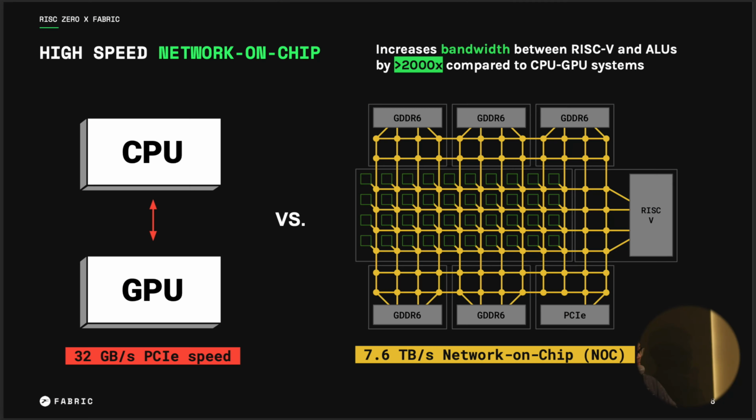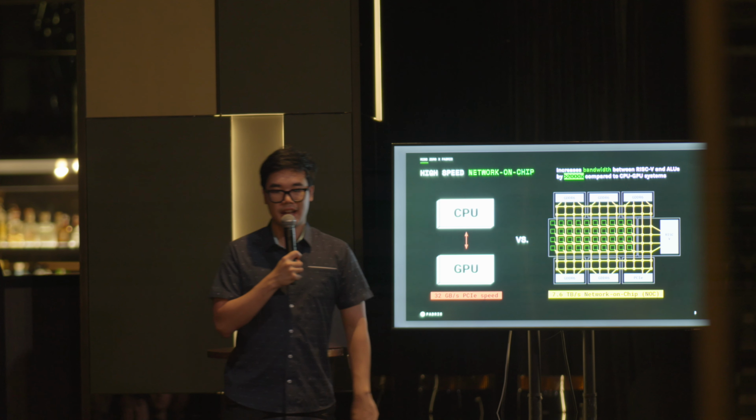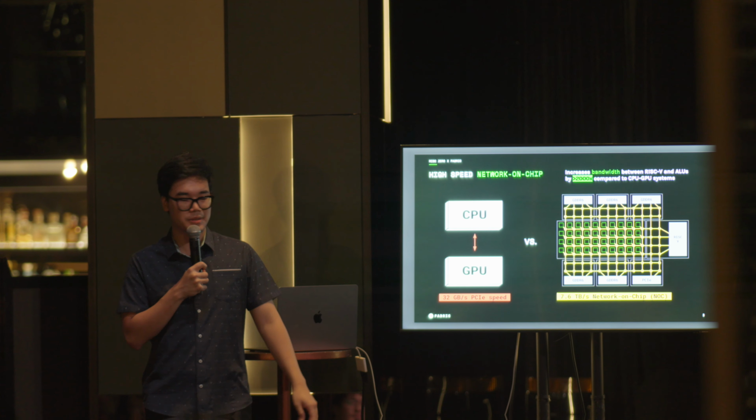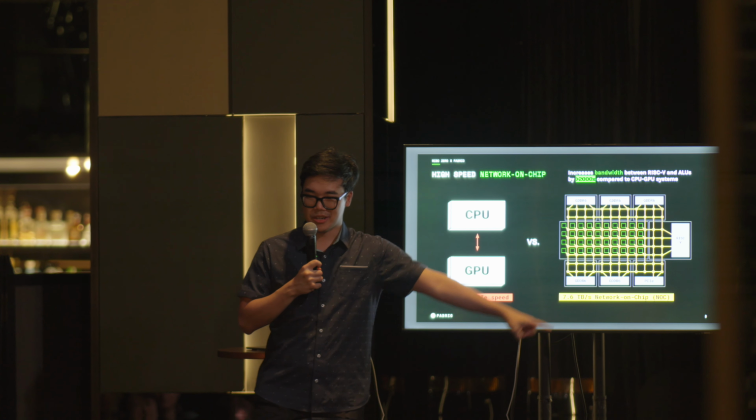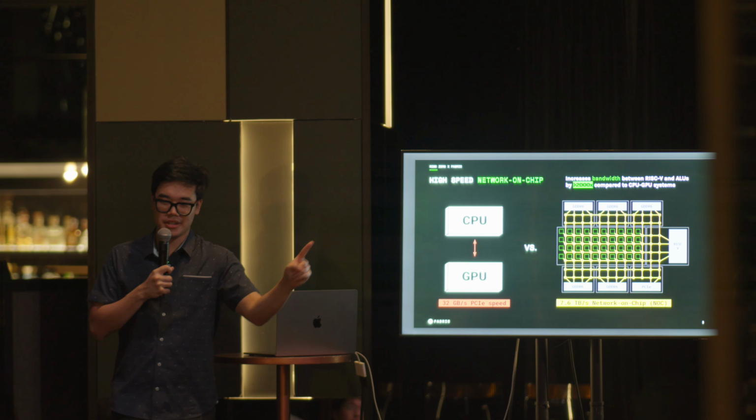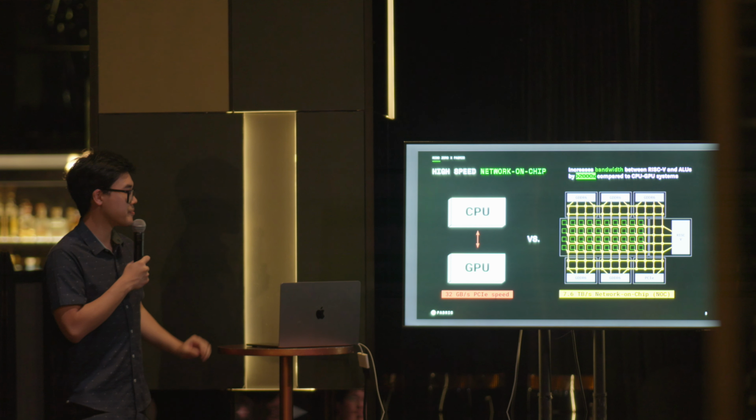We've got thousands of integer modular multiplication and addition operations across the chip. And we've got an ultra high-speed network on chip, so whereas a CPU communicating with a GPU might have to go through tens of gigabytes per second of PCIe, you can use our 7 terabyte per second network on chip to communicate between GDDR, PCIe, and the CPU.